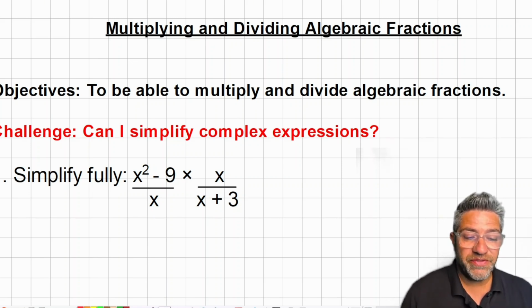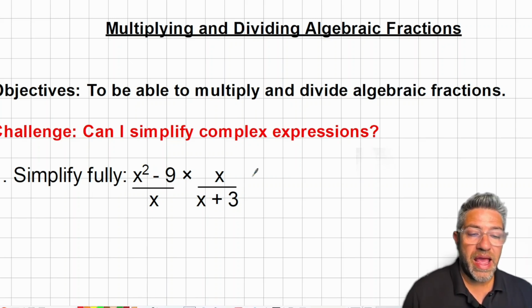So if we take this first question, x squared minus 9 over x times x over x plus 3. The first thing I'm going to do is just write it as one fraction.